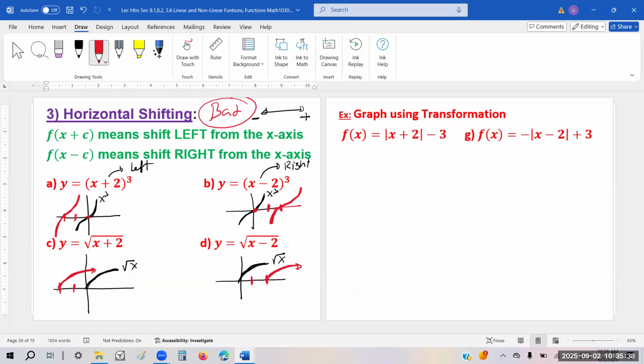2 examples. We are taking absolute value graph. We have +2 inside the absolute value, -3 outside the absolute value. And then on G, we also have a negative in the front.